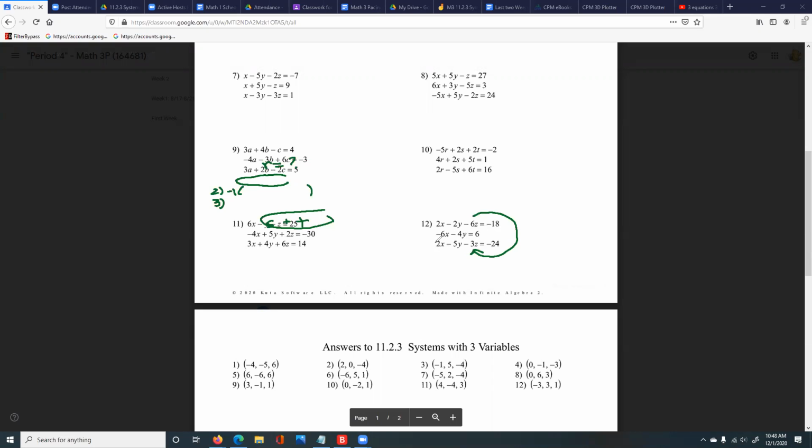Z. So what would I need to multiply the third equation by to get rid of this? -2. I'd have to multiply by -2 to get that to be a +6Z, right? And then once those Z's go away, then I'll have just an XY equation, just like this one. So I definitely want you to try those. So there are 2 examples like that, and all of these have a solution. If you notice down here, they all have a solution. None of these are no solution.